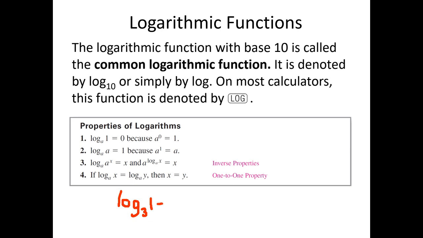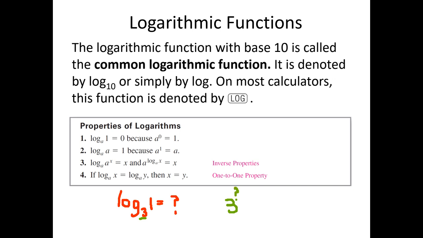If we convert it to an exponential, my base here is 3, so I'm going to write 3. The log is equal to the exponent. That means that my question mark, my exponent, is equal to 1.